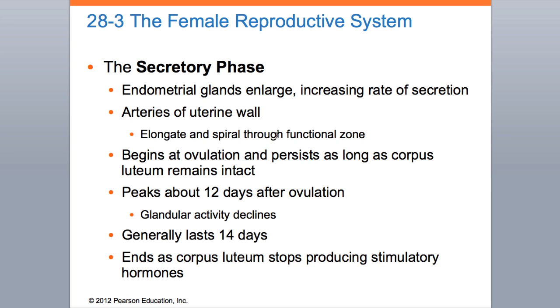You're actually creating what in my mind is like a pool. You're creating a pool of blood in the thickened wall of the uterus. And when you shed off during menses, you're just shedding off that lining that contained the pool of blood. That's how I see it.